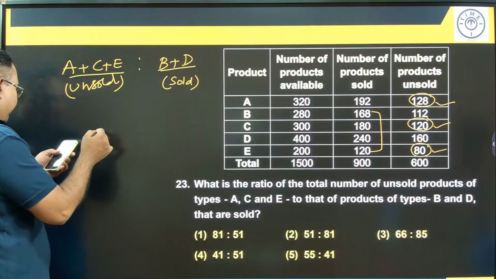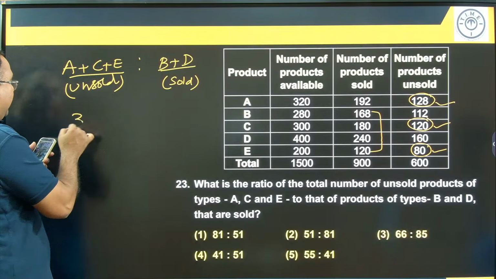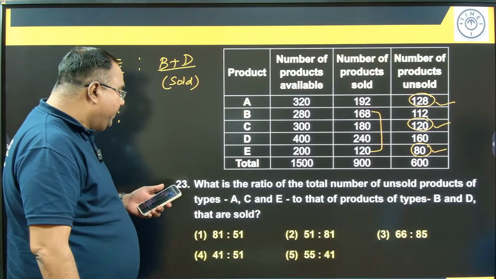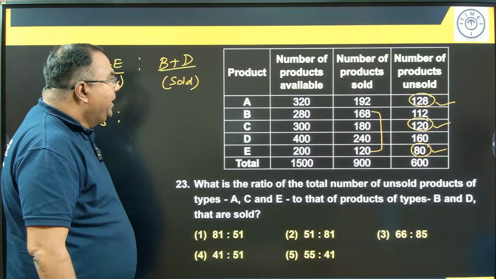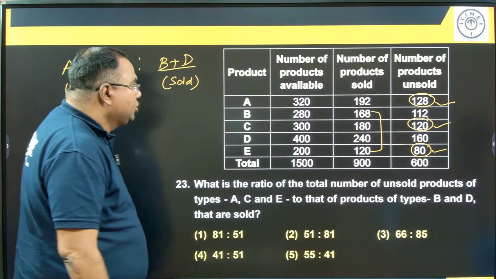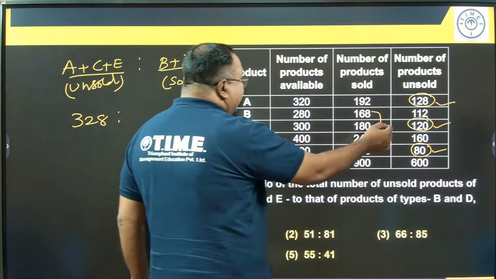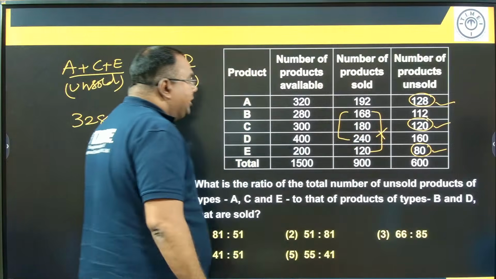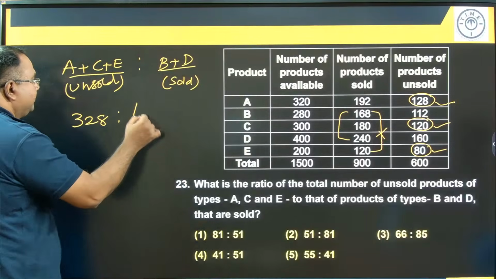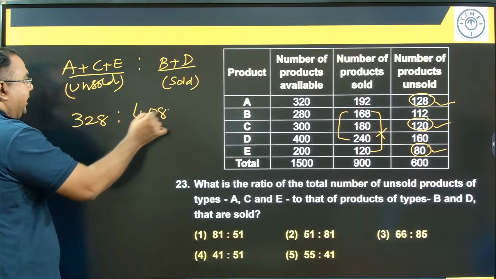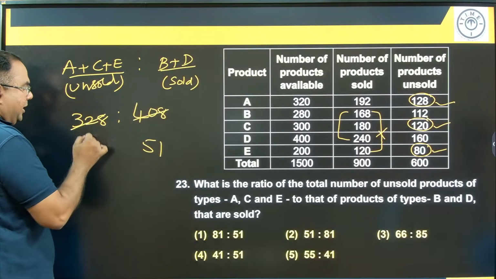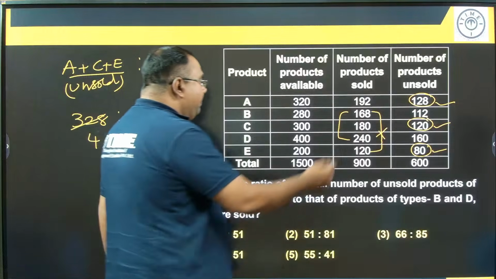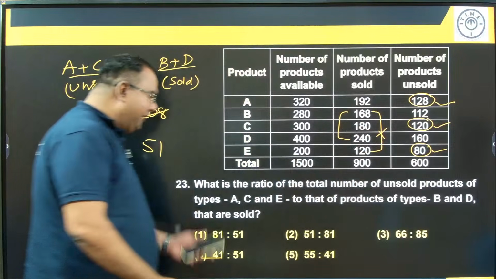Okay, just check where we went wrong. B and D that are sold. Oh, sorry. I have taken B and E. My mistake. B and D. So it is 408. Now you can get it. 41 is to 51. Sorry, I had taken B and E. It is not B and E, it is B and D.